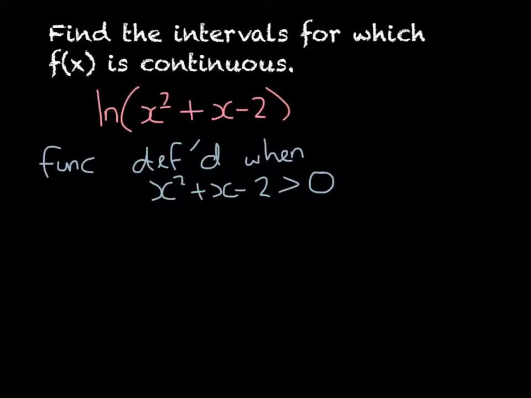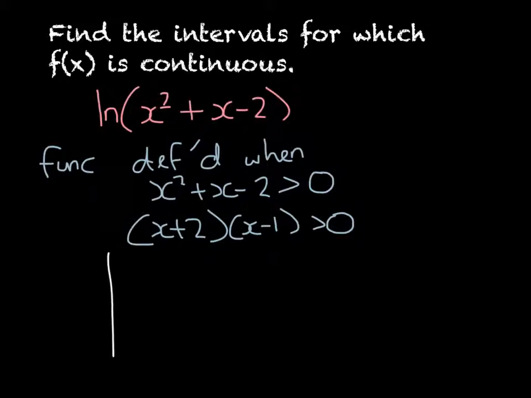So we can easily factor this as x plus 2, x minus 1 greater than 0, which means we have a graph that crosses at negative 2 and 1, and it's pointed upwards.